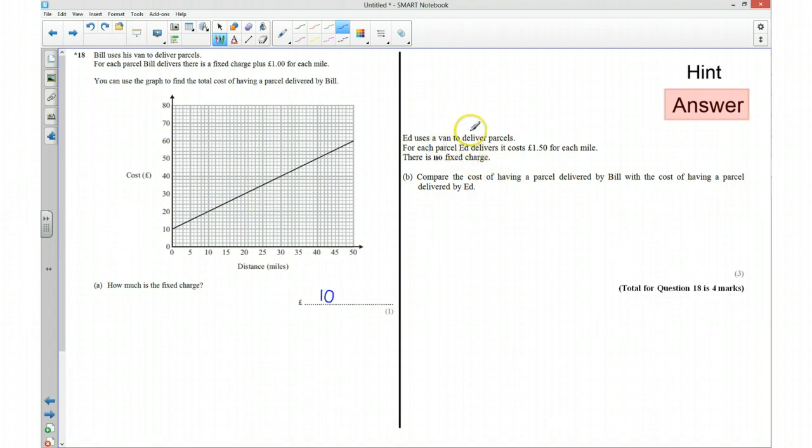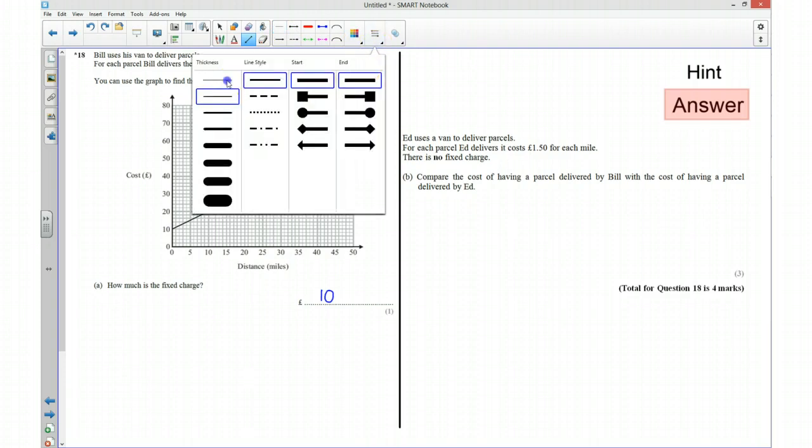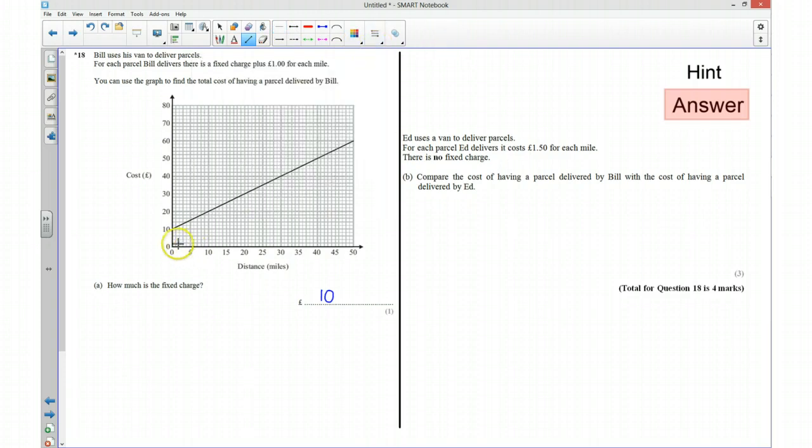Okay, Ed uses a van to deliver parcels. For each parcel Ed delivers, it costs £1.50 for each mile, and there's no fixed charge, and we need to compare that together. So I'm going to draw a line on this graph that represents this. So we'll do a red line, and I'll use a thin line so we can read off clearly.